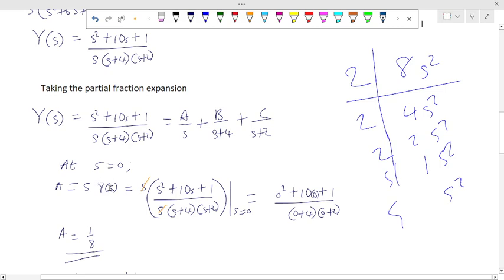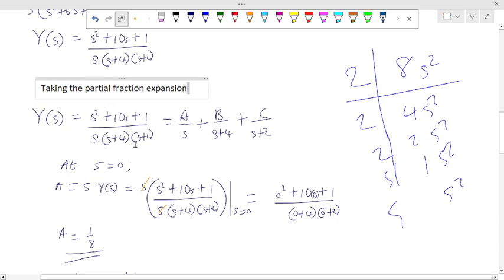S times Y of s. This is the root now. Use the root of what you are looking for to multiply this term. Simple as that. Then ignore the rest. Are you seeing the simple trick? If you are looking for A, what's the root? S. Use the root to multiply what? Y of s.